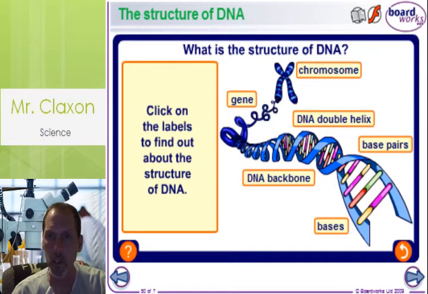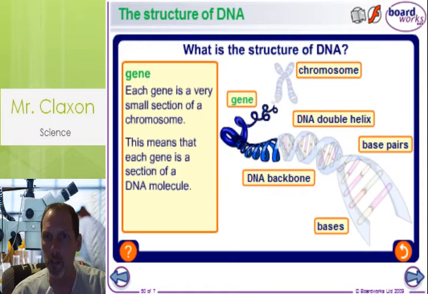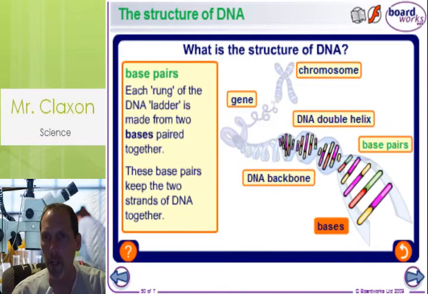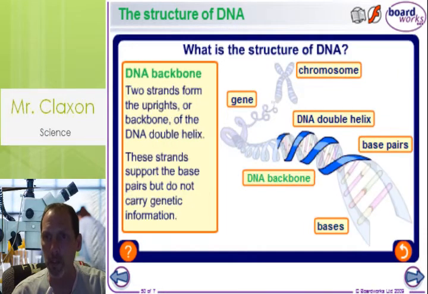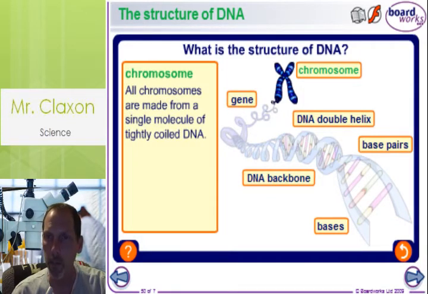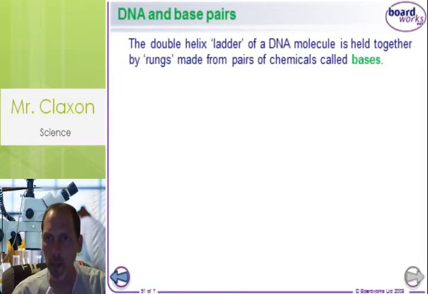This here kind of shows you that. If we click on what a gene is, it just tells you it's a section of the DNA molecule. They describe that DNA is made of these bases, and it's got a backbone, kind of a sugar backbone, and DNA makes chromosomes. So hopefully that helps you understand what they are.